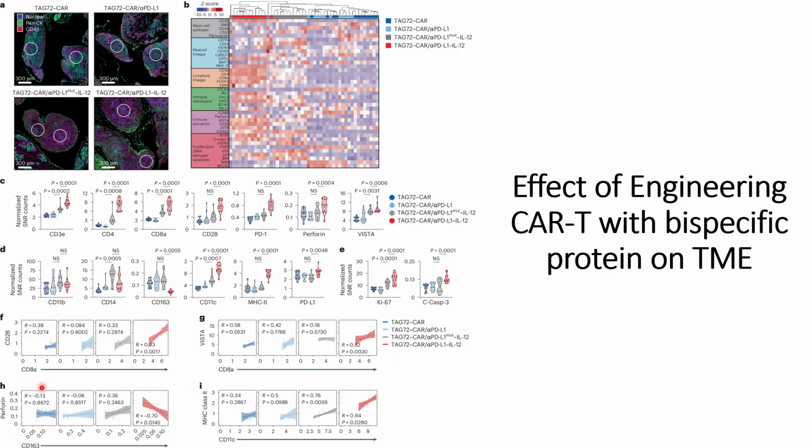In terms of perforin, the role of perforin is to kill the tumor cells, and we can see that with an increase in the concentration of CD163, there is a decrease in perforin.